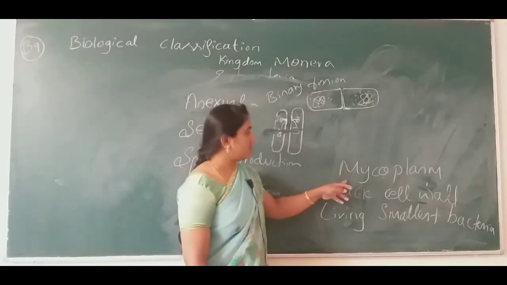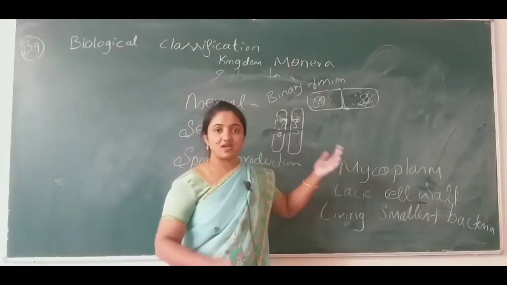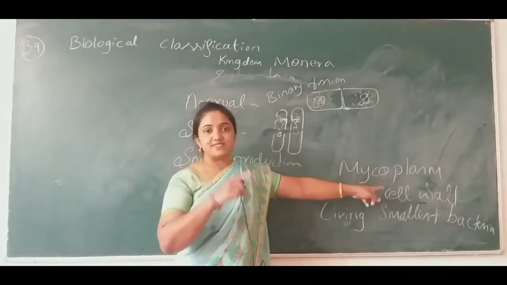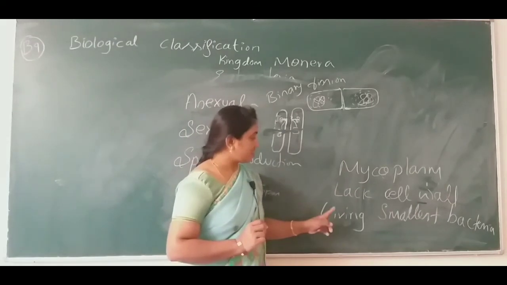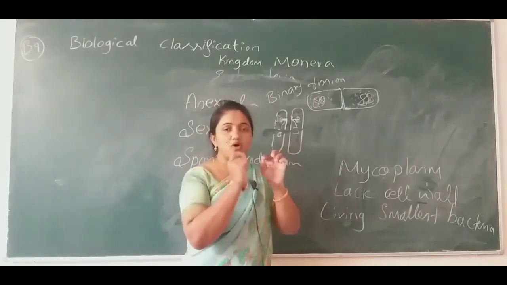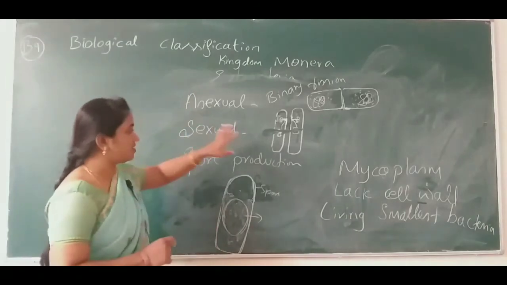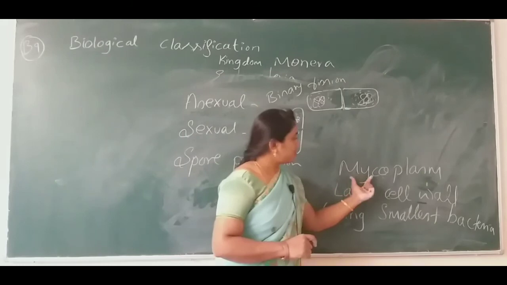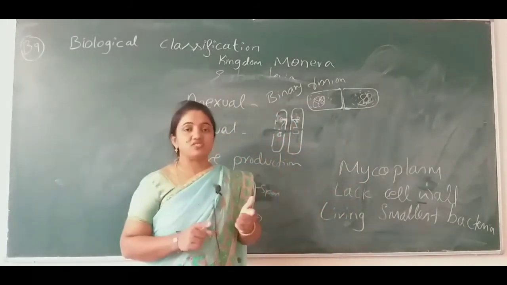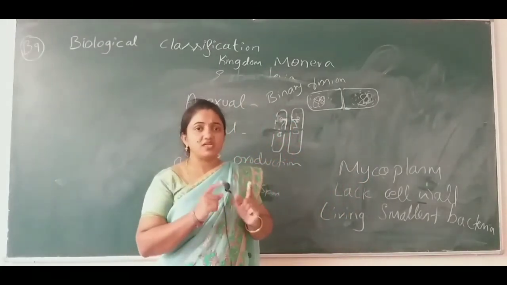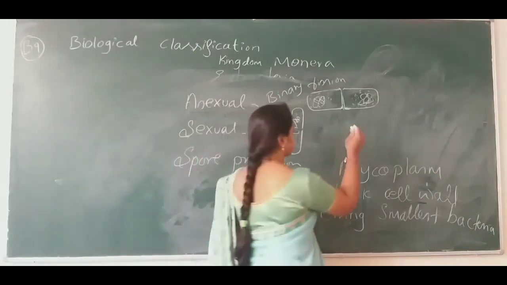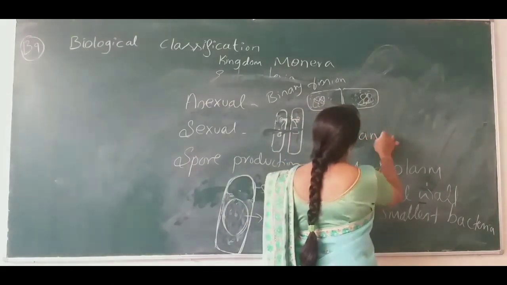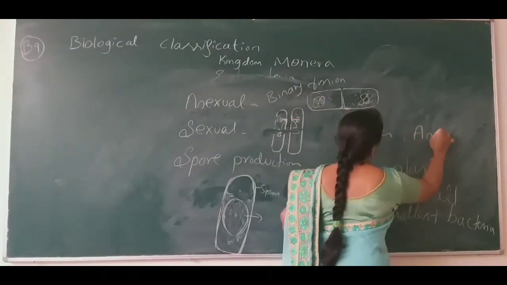What you will write: Mycoplasmas are a type of bacteria in which the cell wall is absent, and they are the smallest living bacteria. Compared to other bacteria, mycoplasmas are very small, and they are highly pathogenic. They are disease causing bacteria. They cause diseases in plants and in animals.